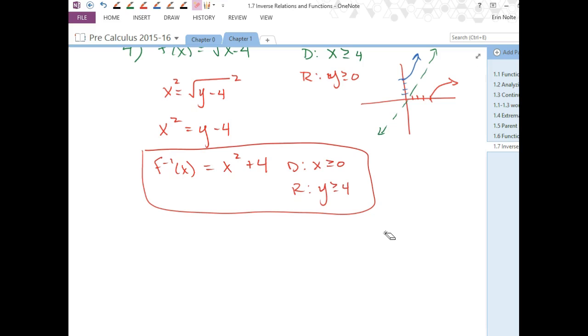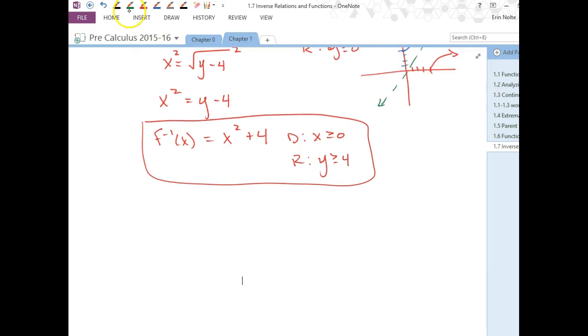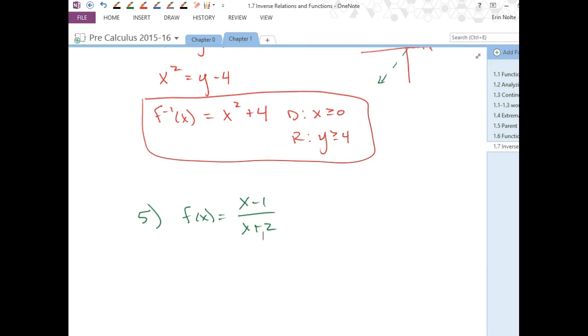So, hold on, I got one last thing for you. Here's one more. I better do this one example. What are we on, number 5 now? Okay, this is a tricky one, so let me give you this example, because you'll see one in your assignment. Okay, so this one is kind of gnarly.